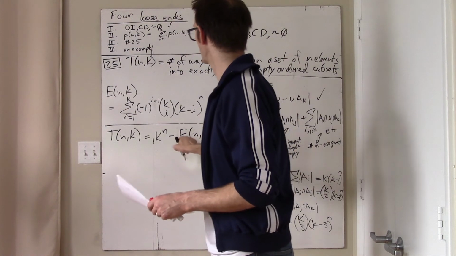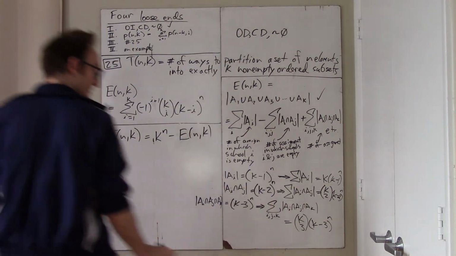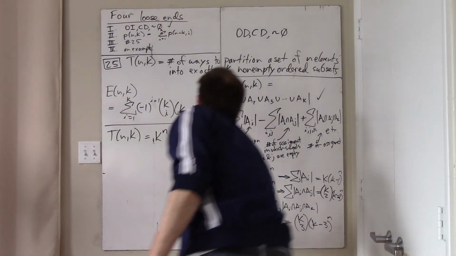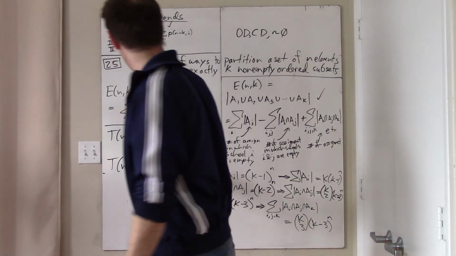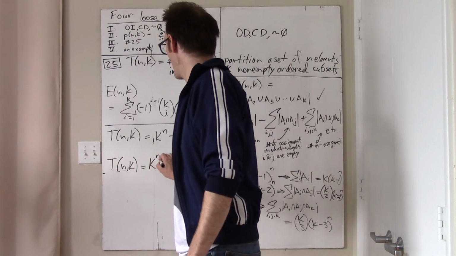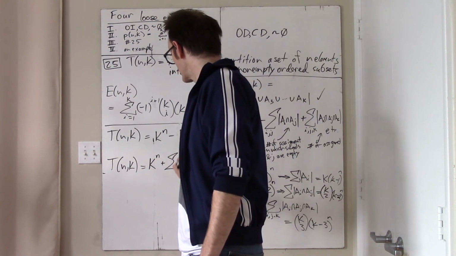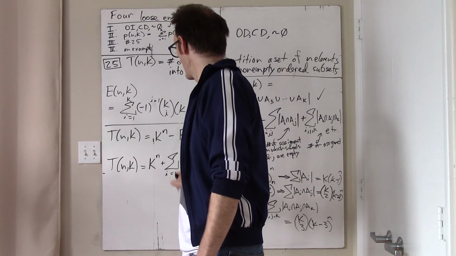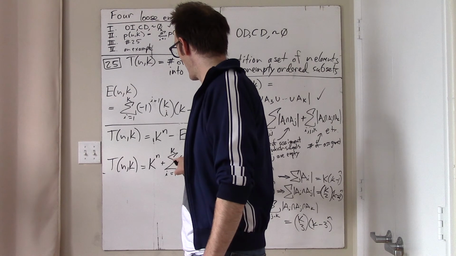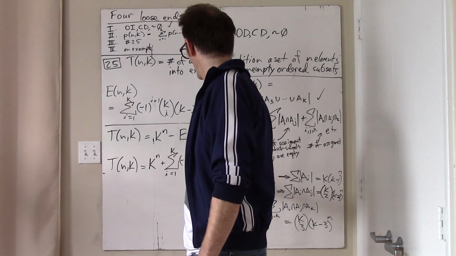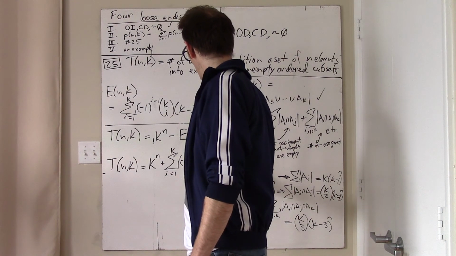I erased this, and now when I distribute the negative through the summation, every sign just flips, and so that's how I end up with this final formula that TNK is k to the n plus the sum from I equals 1 to k of -1 to the I, k choose I, k minus I to the n.